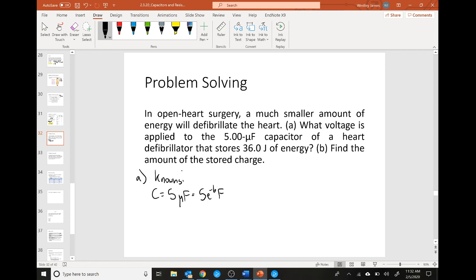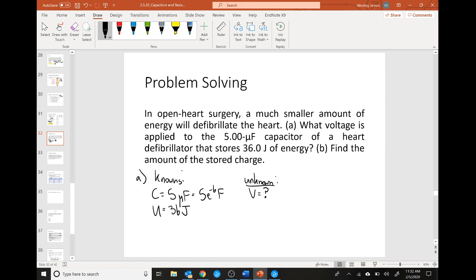And we know that this capacitor is storing 36 joules of energy. The unknown is voltage. Voltage equals who knows what.